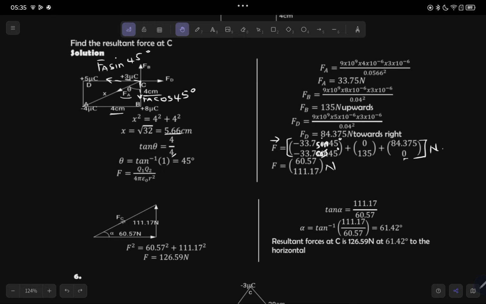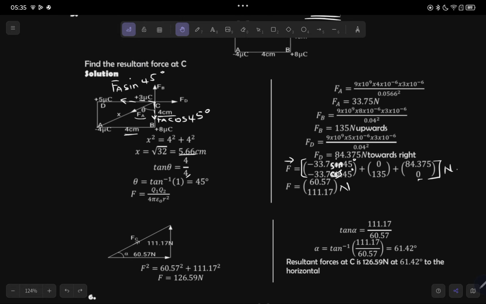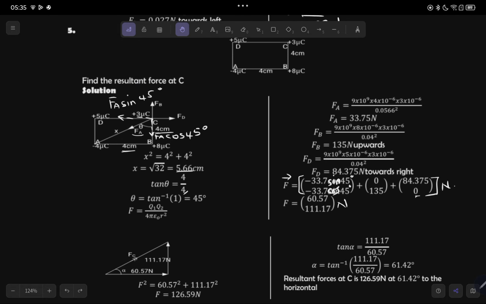So after getting the two components, which are both positive, we now draw a vector diagram for them. Horizontal is positive towards the right, and the vertical is negative. Sorry, the vertical is also positive. So we draw triangle forces and we indicate.